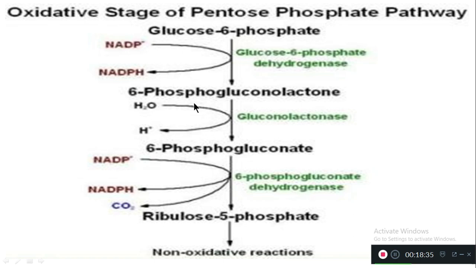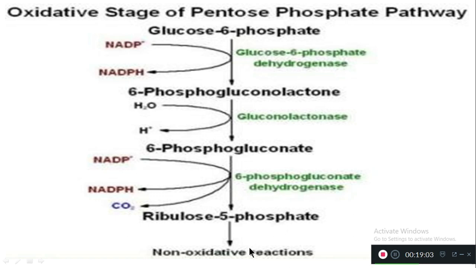Second, 6-phosphogluconolactone is converted into 6-phosphogluconate with the help of gluconolactonase. This 6-phosphogluconate is converted into ribulose 5-phosphate with the help of phosphogluconate dehydrogenase.